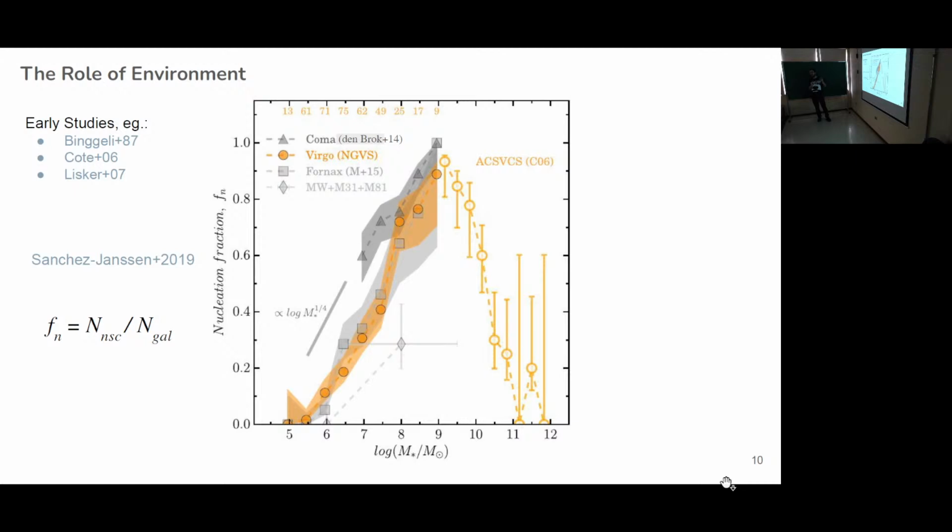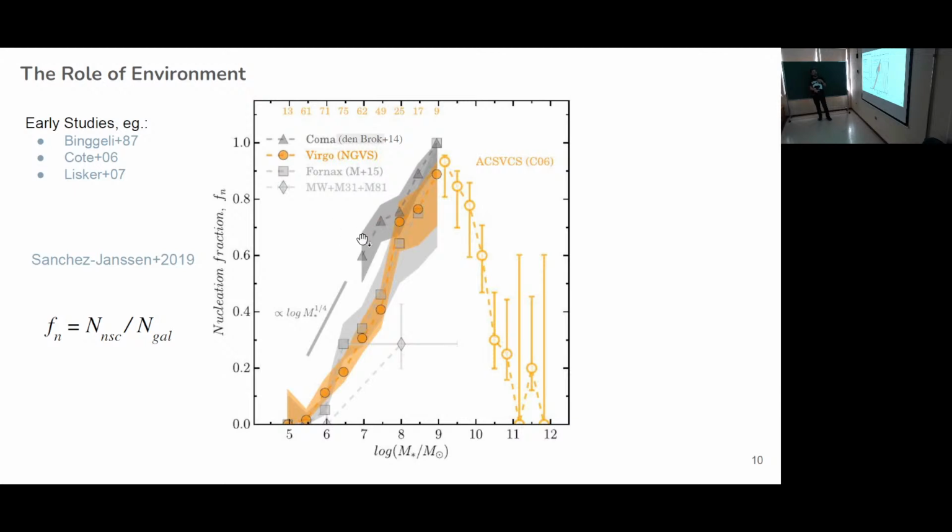However, it only really took off in the 2010s, almost 2020, with the work of Sanchez-Janssen in 2019, which compared the nucleation fraction, simply the number of nuclei over the number of galaxies in a given environment, in Virgo, Fornax, and galaxies in the vicinity of the Milky Way and the Milky Way itself, with the nucleation fraction for Coma galaxies in the work by den Brok et al. 2014.